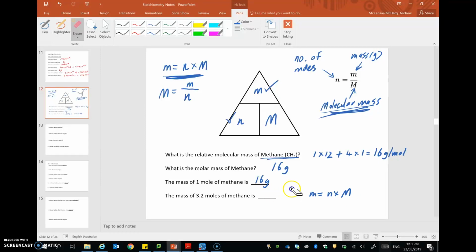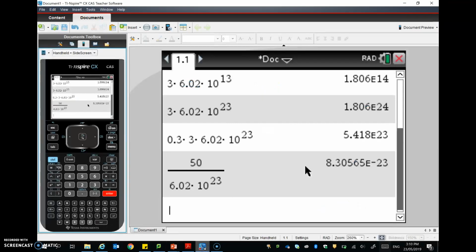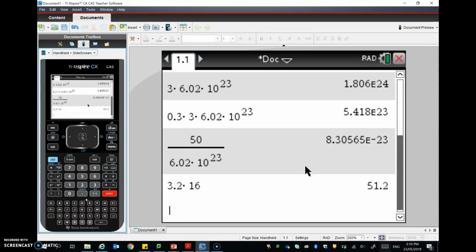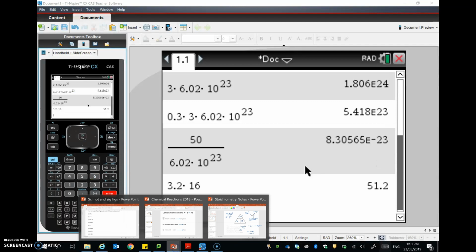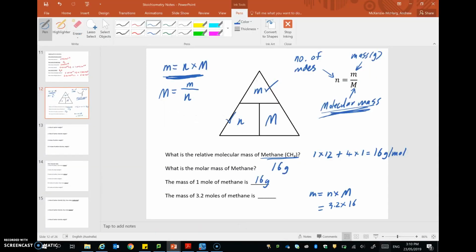Normally we'd have the number of moles first, judging by that equation. So 3.2 times 16. I haven't done that calculation yet. 3.2 by 16 gives us 51.2 grams. So 3.2 moles of methane weighs 51.2 grams.